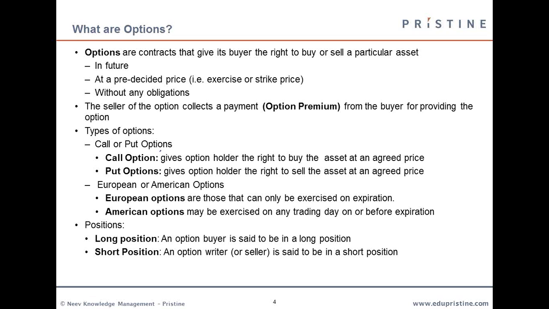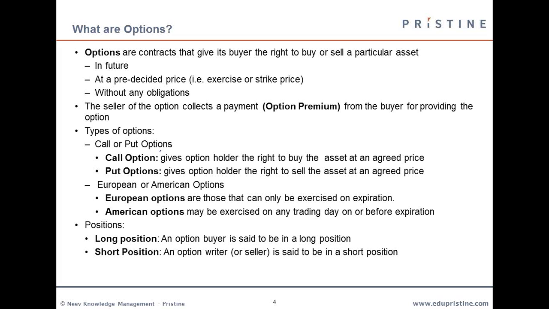There are two kinds of options, a call option and a put option. When you buy a call option, you have a right to buy the asset at a predetermined price and at a predetermined date of exercise. And in case of a put option, you have a right to sell the asset.